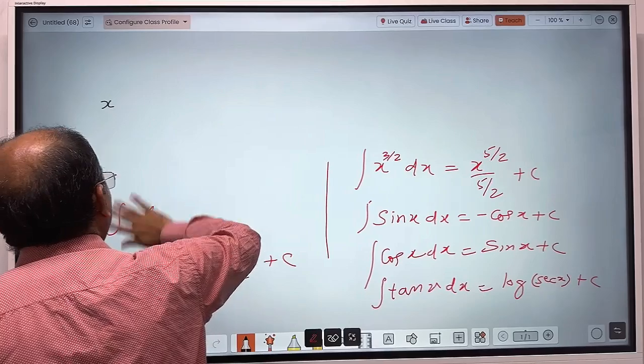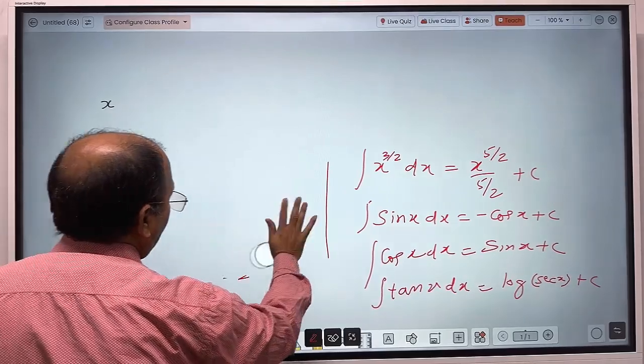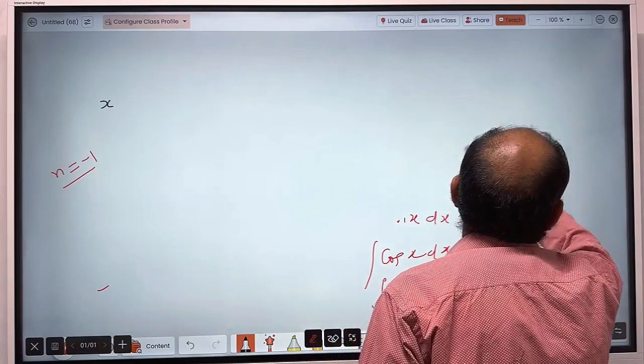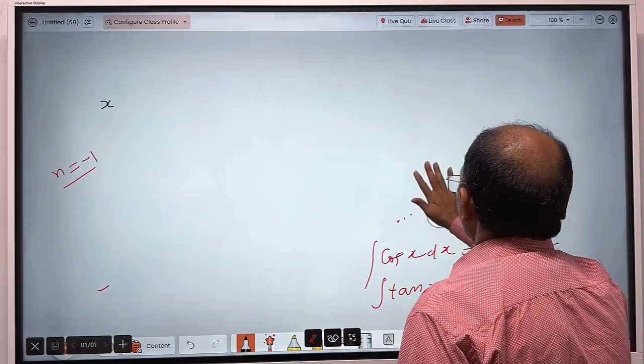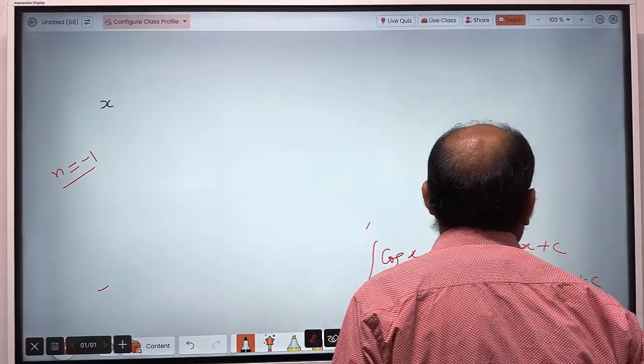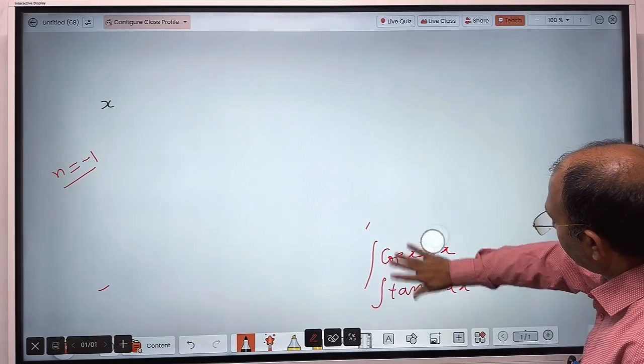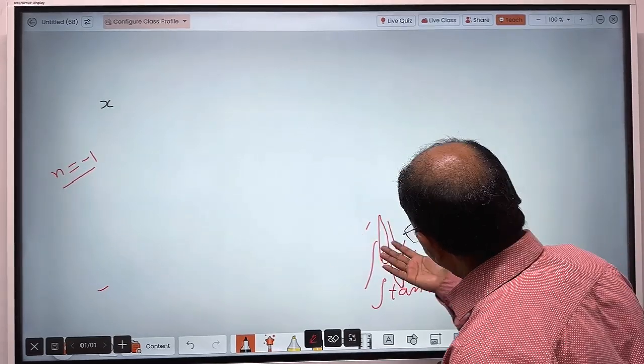Now we will see the situation when n becomes minus 1, and what change needs to be incorporated in the formula of integration of x power n dx.